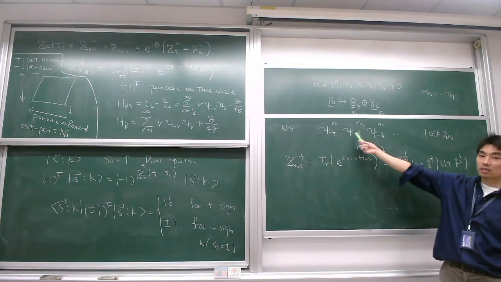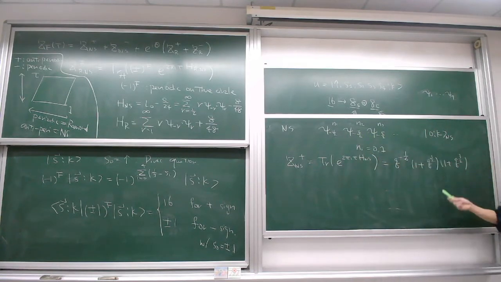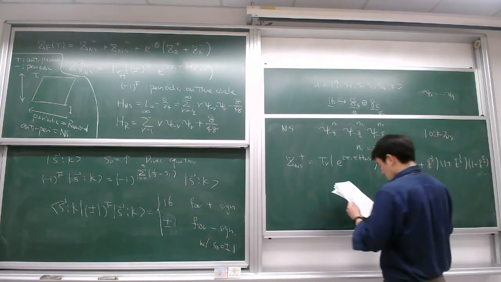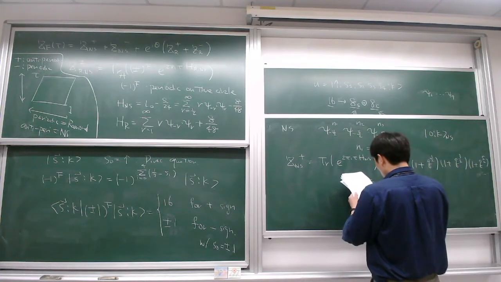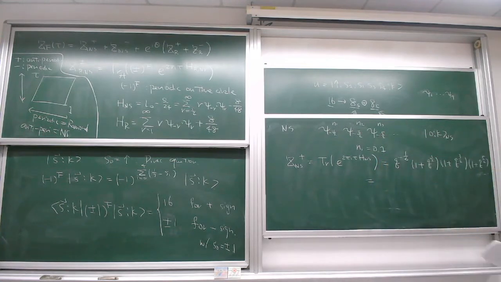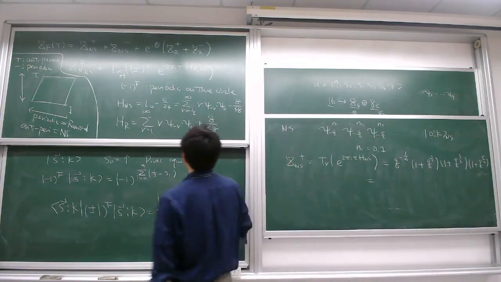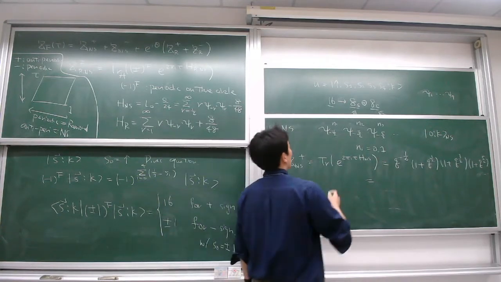Whether you act this creation operator or not, you count either 1 or q to the 3/2, and so on, q to the 5/2, and so on. Times. So this one you can just write down as, sorry, and you also have to incorporate this direction.